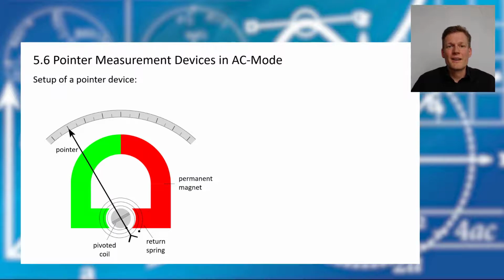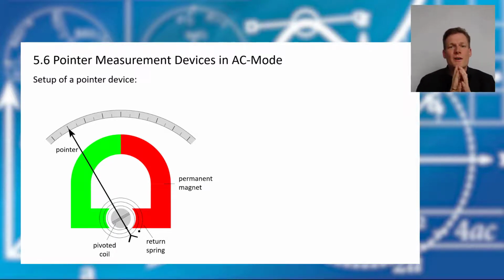You might wonder why we need rectified values, and I can show it to you with an example. The example will be the classical pointer measurement device, when we have such an old device. You can buy new ones, by the way, but they work like this.